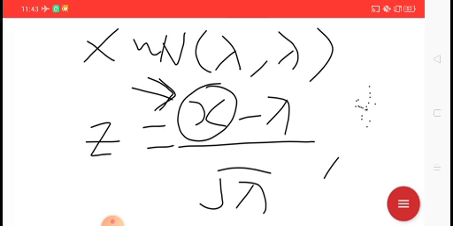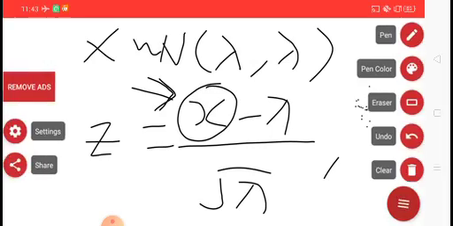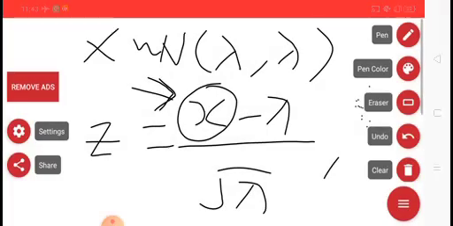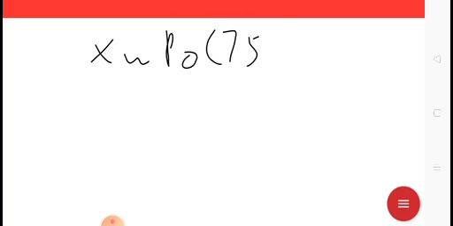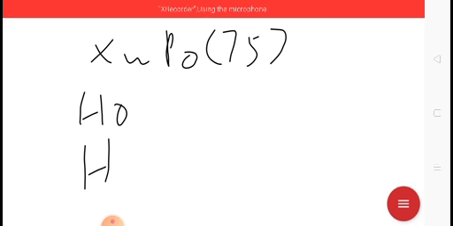In order to start the hypothesis test, you should state your parameter first. The parameter for this case is the Poisson mean, lambda. Once you have the parameter, you can set your hypotheses.